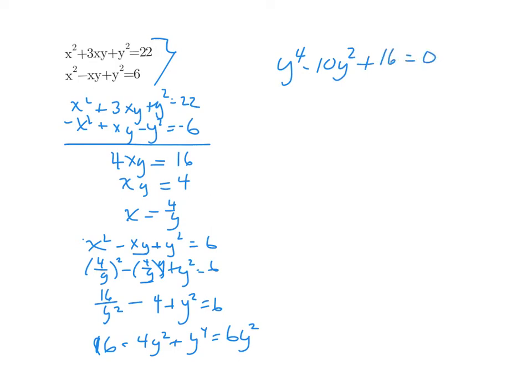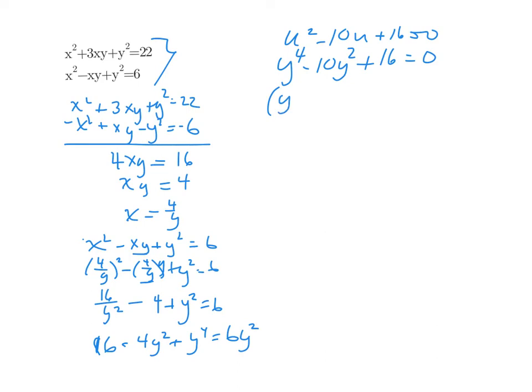Now, a little process we can use is to look at this as quadratic in form, and we've done that before. This actually factors. If we let, say, u equal y squared, then we can think of this as u squared minus 10u plus 16 equals 0. Then we see that it's a quadratic equation. So this is quadratic in form, although not quadratic.